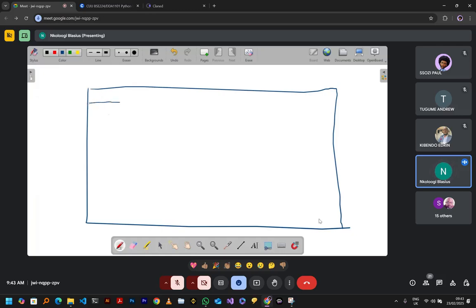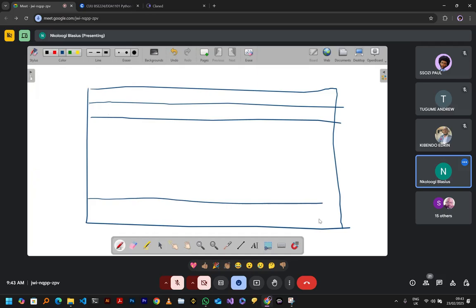It always has two horizontal rails at the top and at the bottom here. If I'm not mistaken, this is always labeled as positive, this as negative, positive, negative, down.